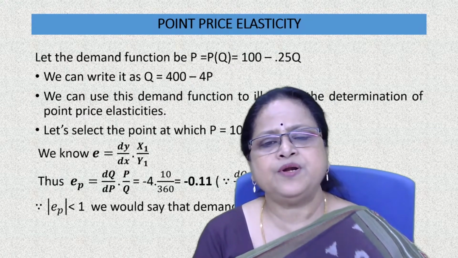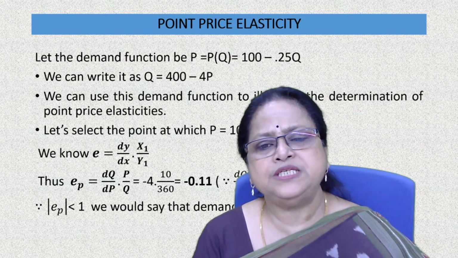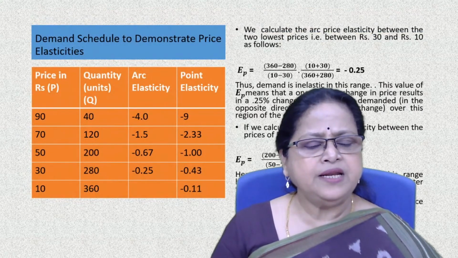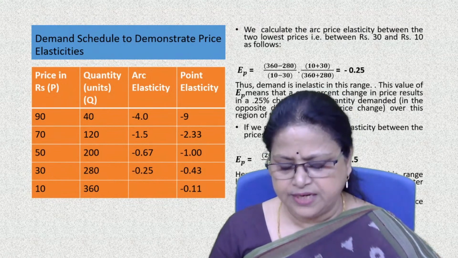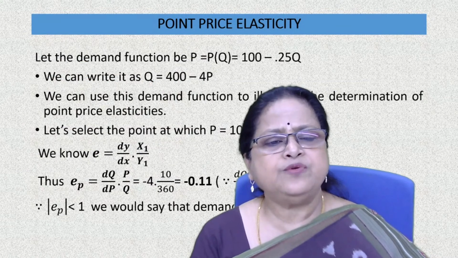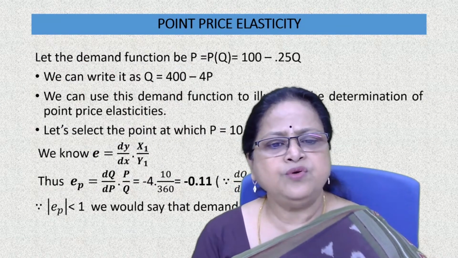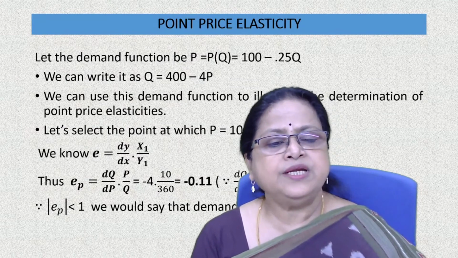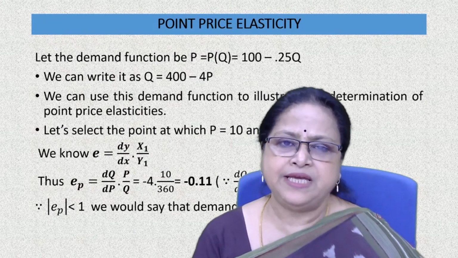Now let us select a point at which P is equal to 10 and Q is equal to 360. Look at the table there. Now, if you are calculating, we have to calculate dy by dx into original x divided by original y. That is the formula. So here dq by dp into p by q.